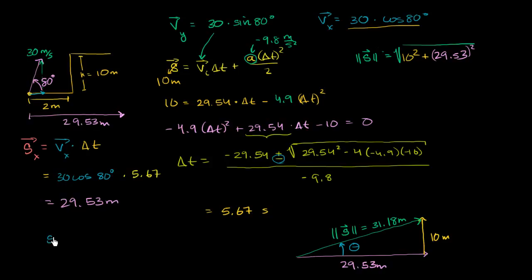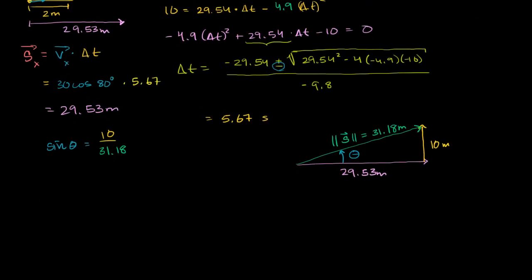So the sine of theta is equal to 10 over 31.18. If you want to solve for theta, you take the arc sine, or the inverse sine, of both sides. You get theta is equal to the inverse sine of 10 over 31.18.